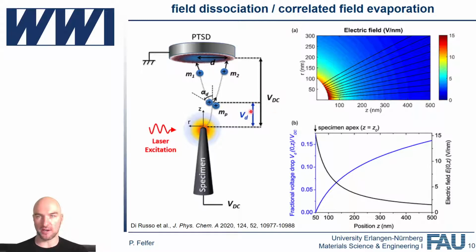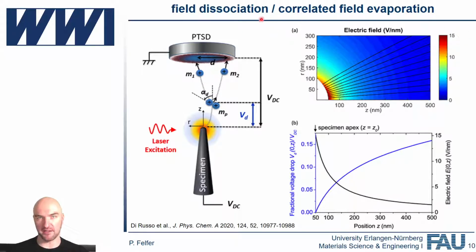And so maybe to jump back to the question from earlier, if the probability for atoms on certain sites on the surface is much higher to evaporate, yes, because they have a larger local field. What can also happen in this case, of course, is that if you remove one atom, then suddenly the atom next to it sees a higher field and just leaves with it. So you can get multiple hits also simply from the fact that one atom leaves and the next atom suddenly sees more field and decides to immediately leave as well.